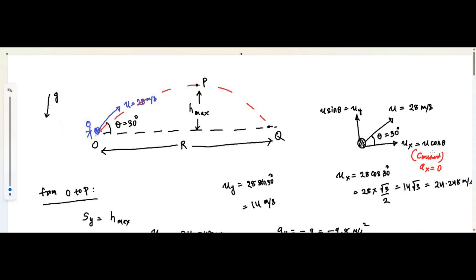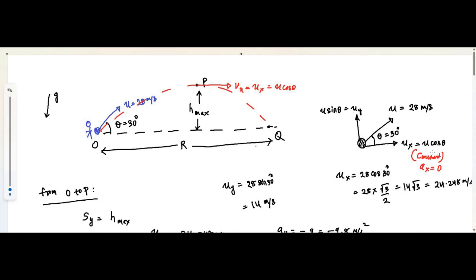So for the upward journey, the acceleration due to gravity opposes the vertical component of the velocity. So at the highest point, even though the horizontal component stays the same, that is vx is equal to ux is equal to u cos theta, the horizontal component is constant throughout the journey.